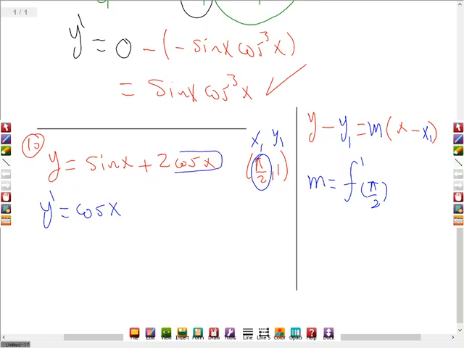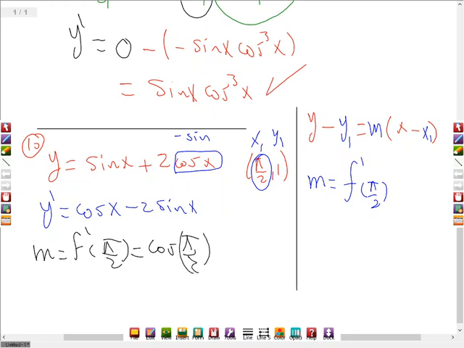Derivative of cosine is negative sine, so it becomes negative 2 sine x. Okay, now I have the derivative. I need to find the slope. The slope is f prime of pi over 2, which is cosine pi over 2 minus 2 sine pi over 2.